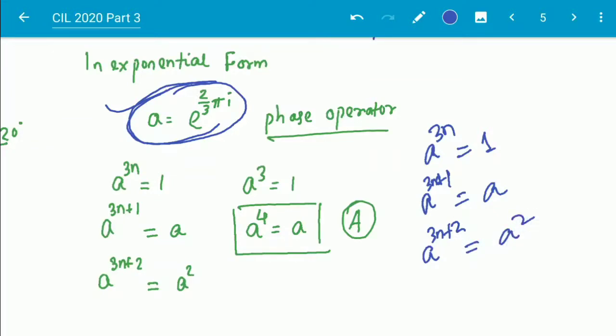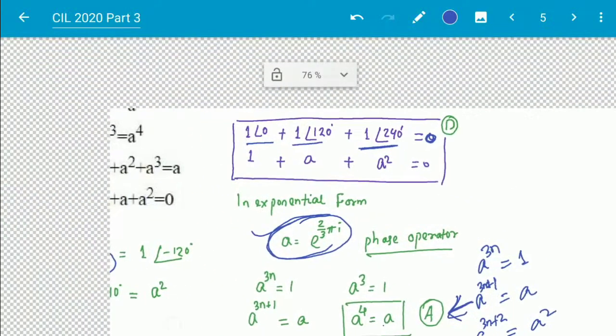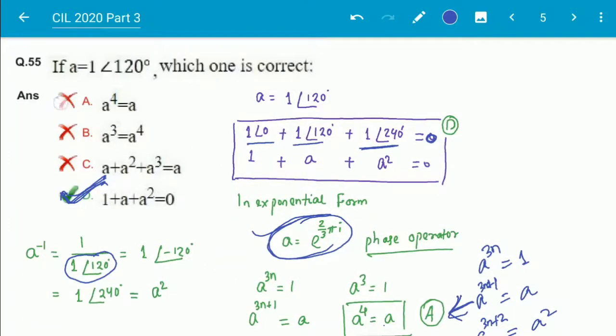From this we can say that A to the power 4 is equal to A, which is also given in option A. Hence both option A and option D are correct, but by CIL only option D is given as the correct answer. Here A is also a correct option.